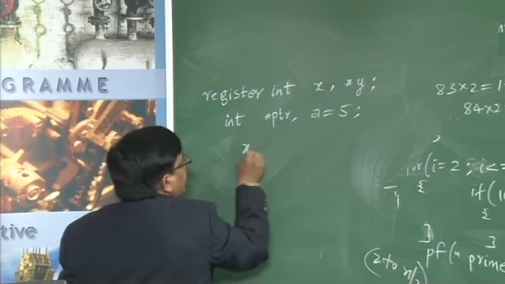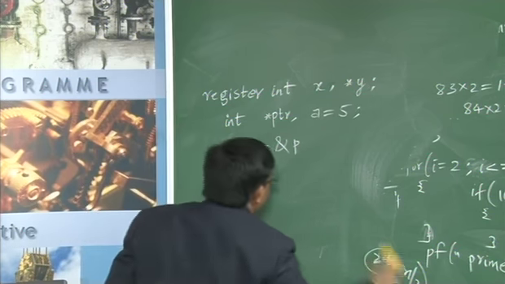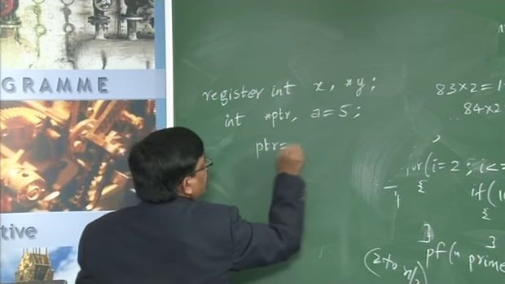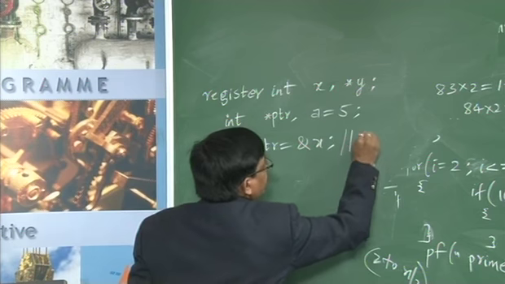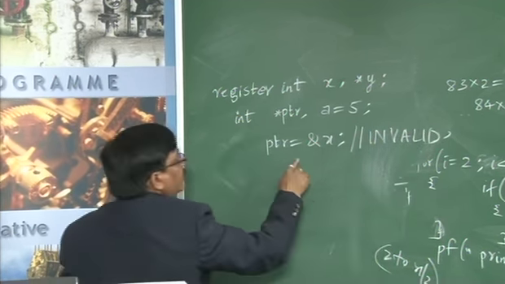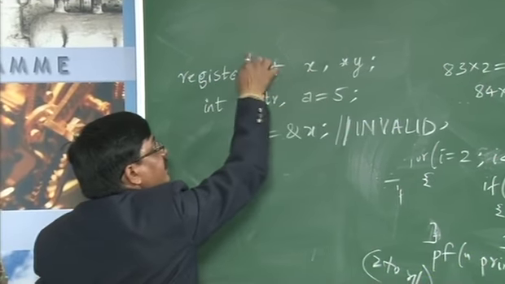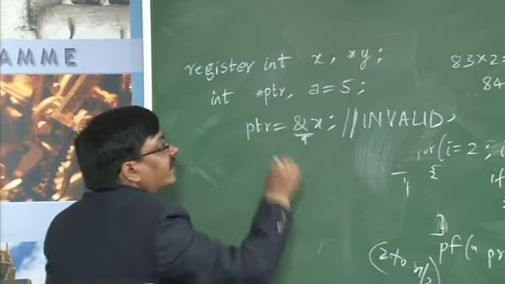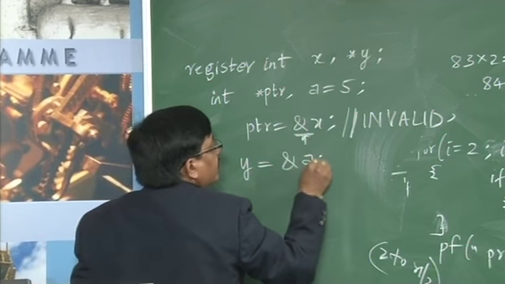Now, if I say ptr equal to ampersand of x, this is invalid. This is invalid because x is declared as a register int. When it is stored in the register, it will not have an address. I cannot access the address of the variable. Whereas I can say y is equal to ampersand of a. So this is valid.